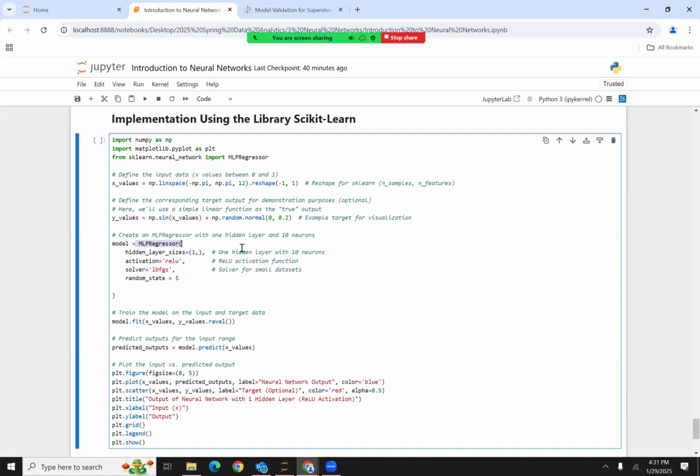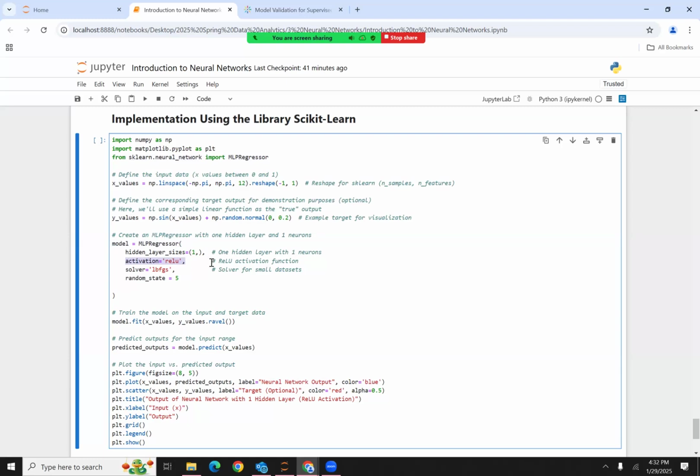I need to specify the architecture of my model. Specifically, in this case, I'm choosing one hidden layer and one neuron in the hidden layer. So it's not 10 neurons, but it's 1 neuron in the hidden layer. And there are other parameters as well, which we'll keep fixed for now, but you recognize that the activation layer is the ReLU activation layer.